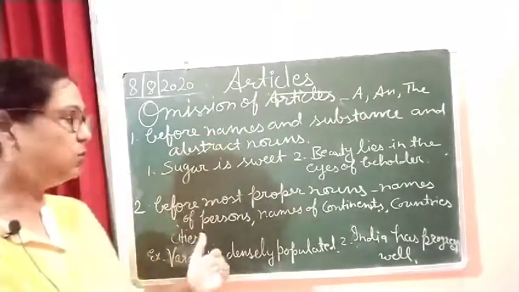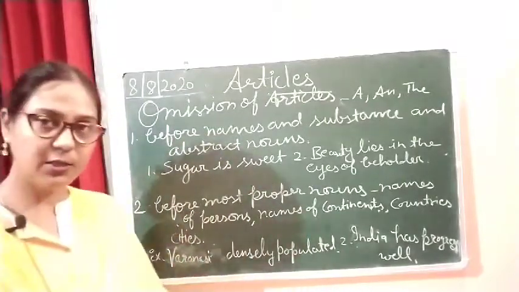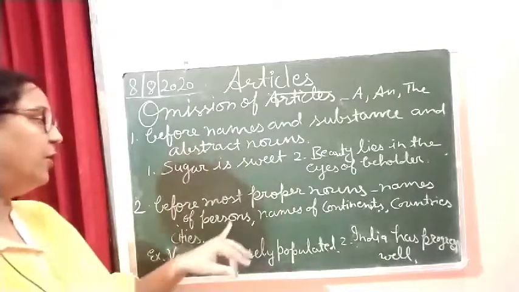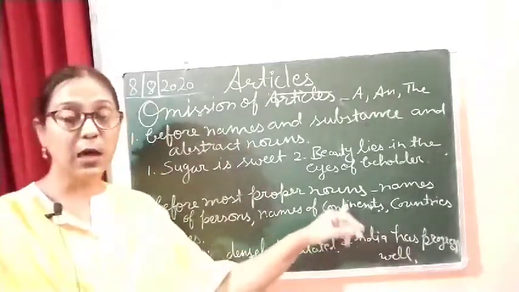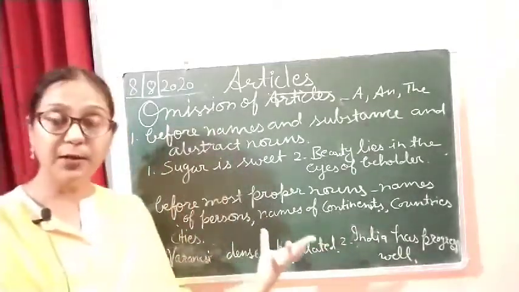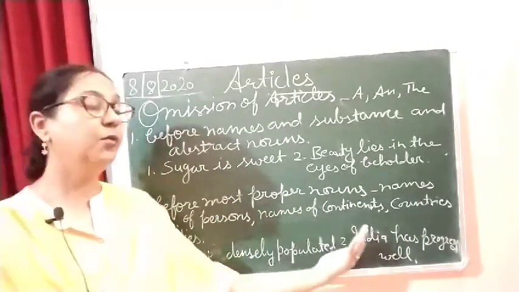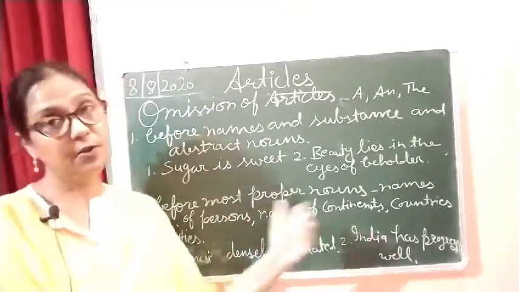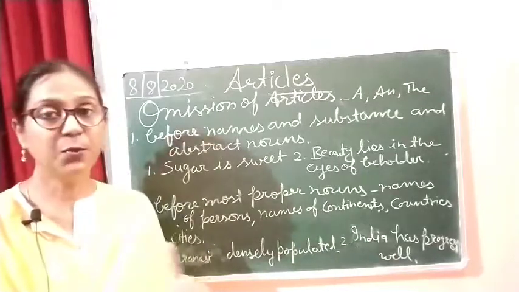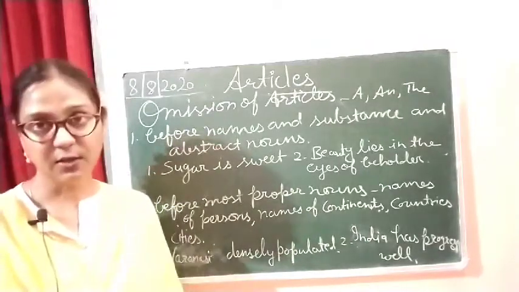Now we are moving to the second point, that is before most proper nouns, names of persons, names of continents and countries, we are not supposed to use any article.